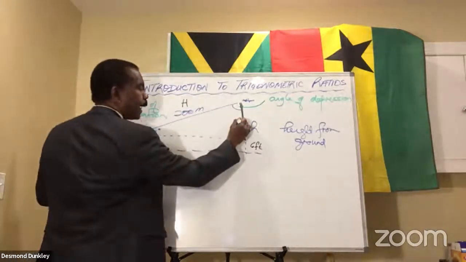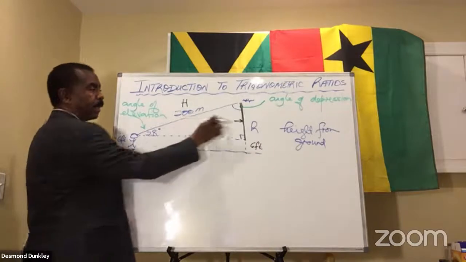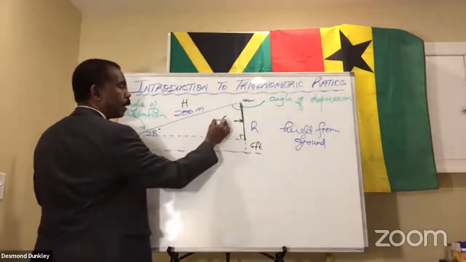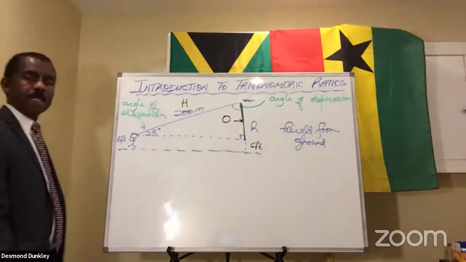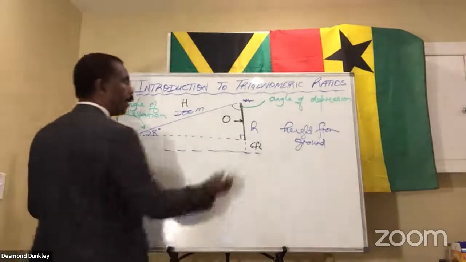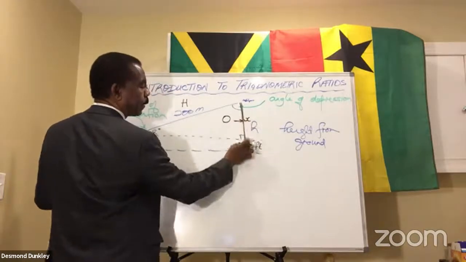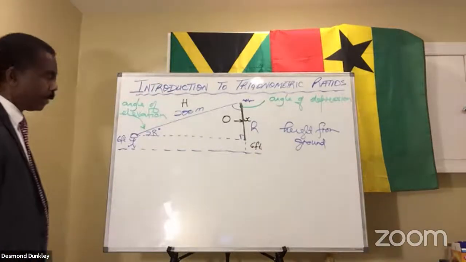What is the name of this side here, relative to this angle? This side has to be the opposite. Okay? So we could call this unknown, we don't know what it is, let's call it x. So x plus 6 will give you the height h.